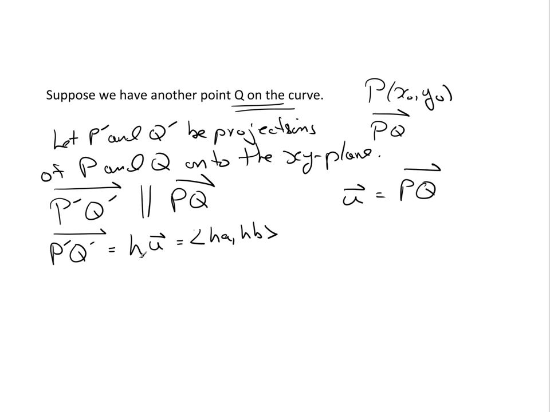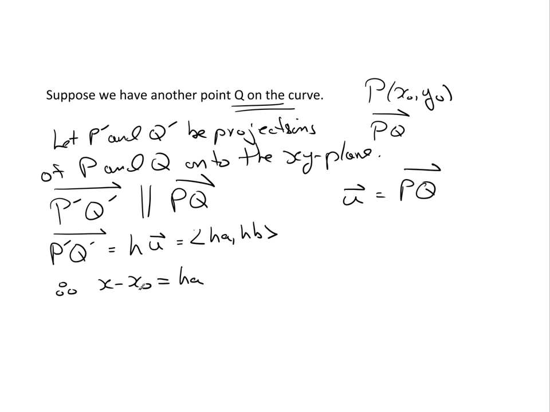Now, with that in mind, with h being some scalar, I can start thinking in terms of x minus x naught must be equal to hA, where x is my coordinate for Q, (x, y), and the coordinate for P is (x naught, y naught). If I subtract those two, that's how I get the directional vector, like when we were doing that much earlier.